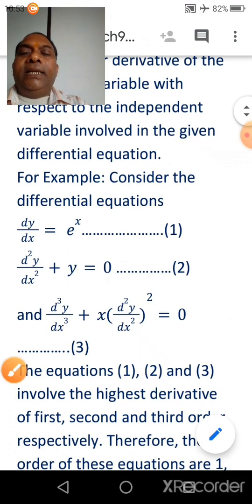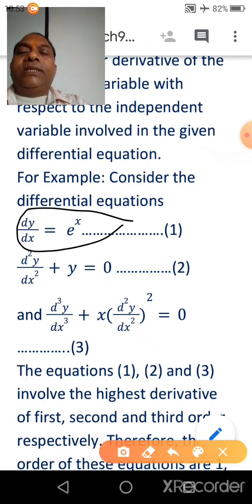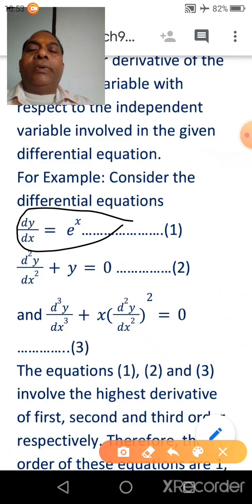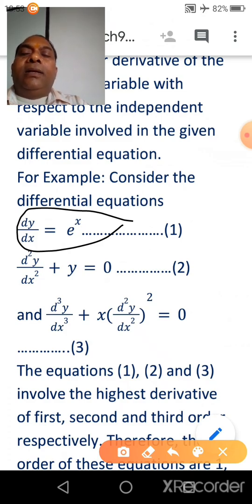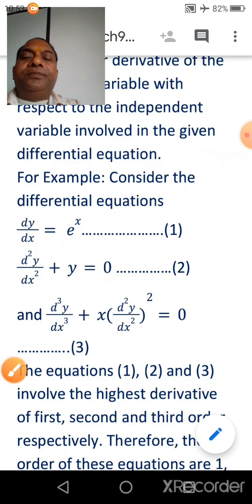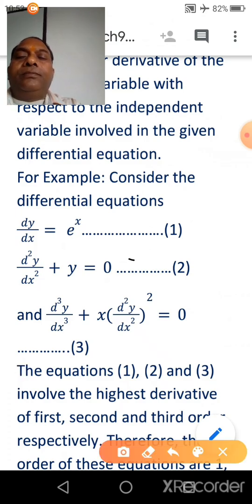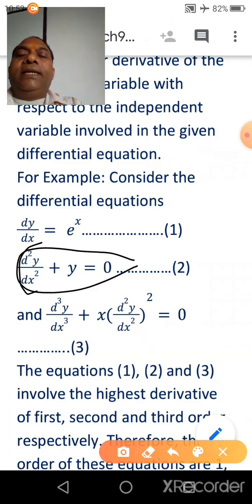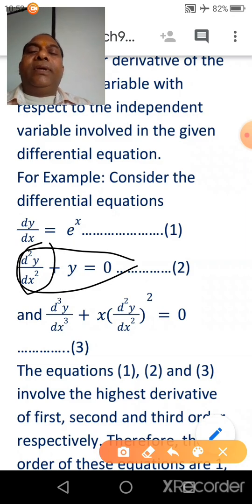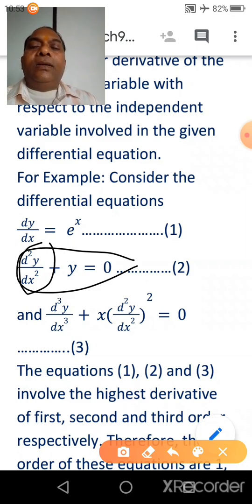Means here see equation first dy by dx is equal to e to the power x. So here dy by dx is first order derivative. So its order will be 1. In second equation d2y by dx square is second order derivative, so its order will be 2.